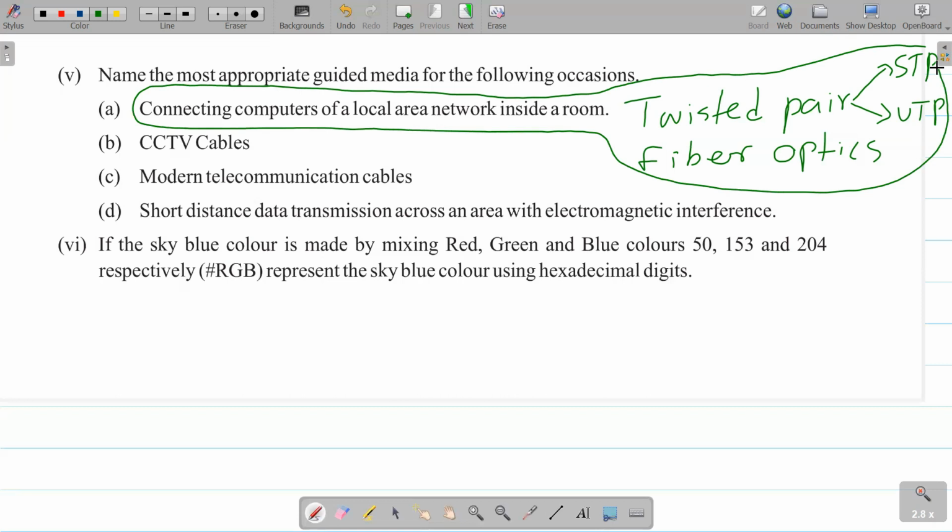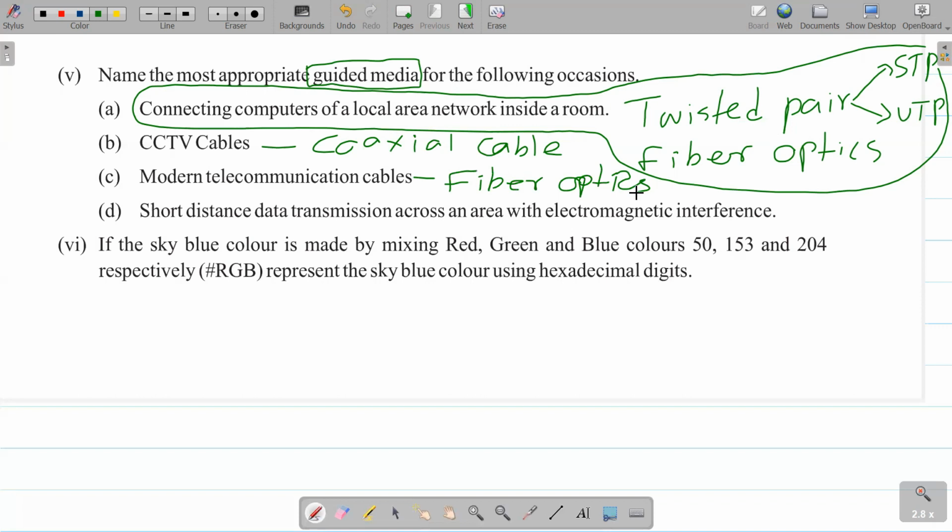And CCTV cables, that is definitely coaxial. Since they are asking for guided media here, you can't say Wi-Fi kind of media because those are unguided. Modern telecommunication cables: yes, fiber optics. That's the latest technology. And short distance data transmission across an area with electromagnetic interference.